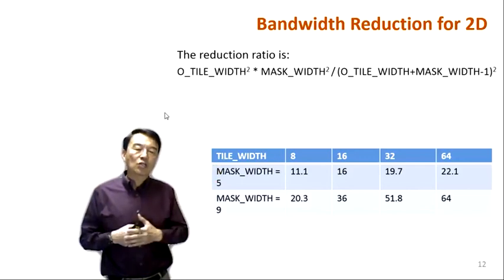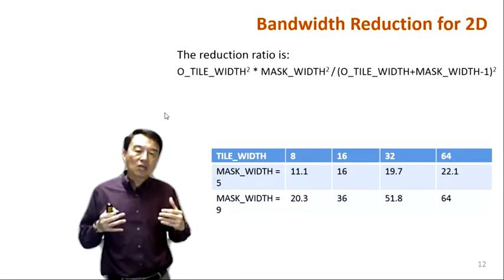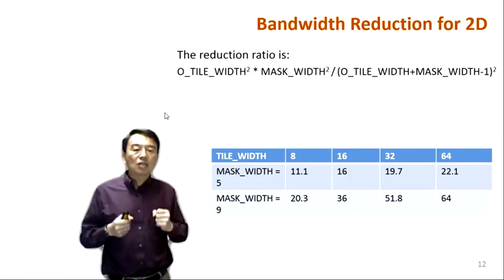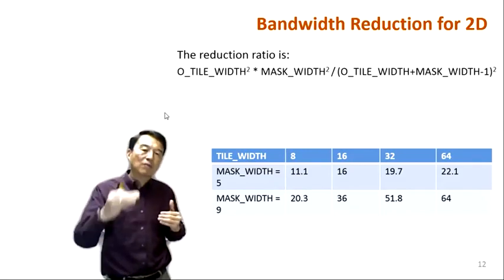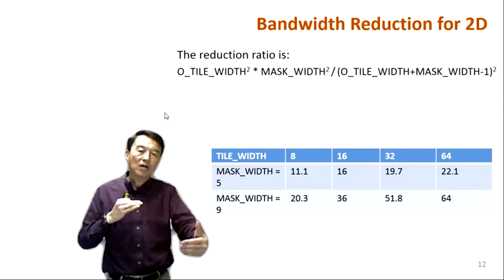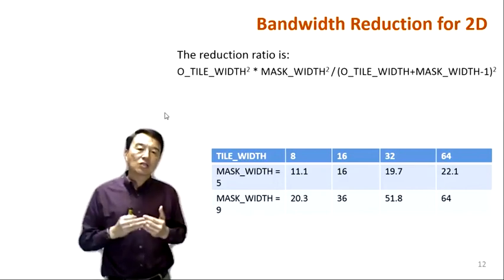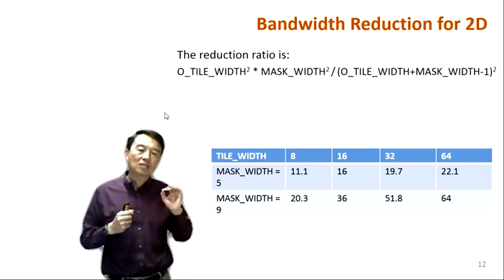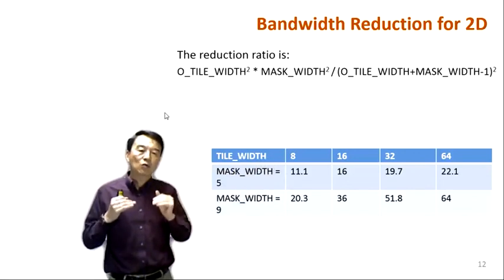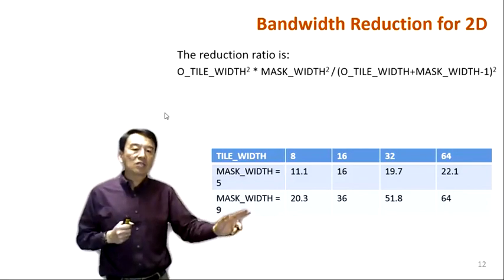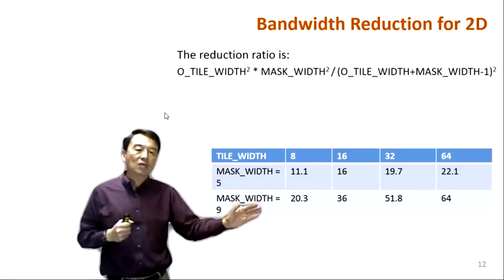Another consideration is that in general, because we need to do barrier synchronization, we will need to be able to have multiple thread blocks. While one of the thread blocks is doing barrier synchronization, another thread block can actually make progress. So this also argues for something closer to the 16 tile width, because this leaves room for multiple thread blocks in an SM. And we could do a similar calculation for mask width of 9.